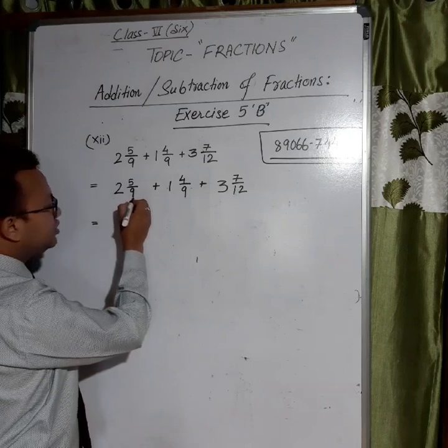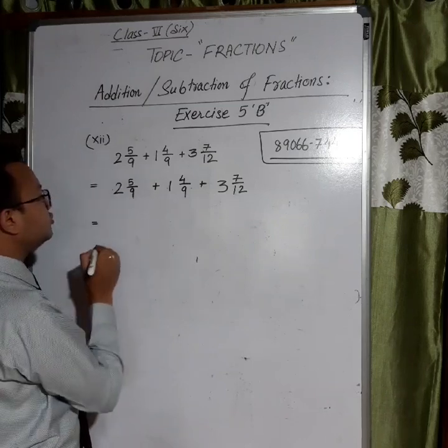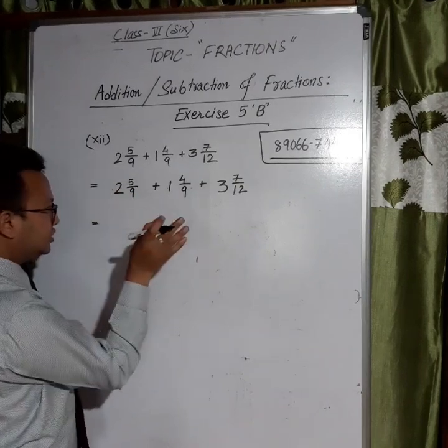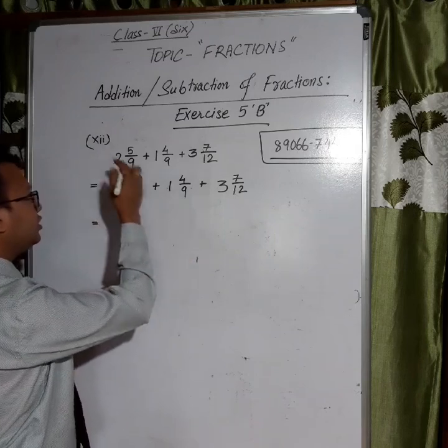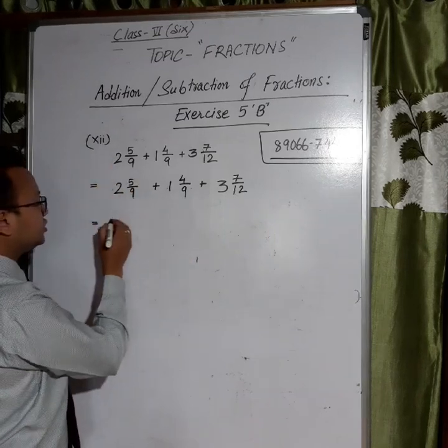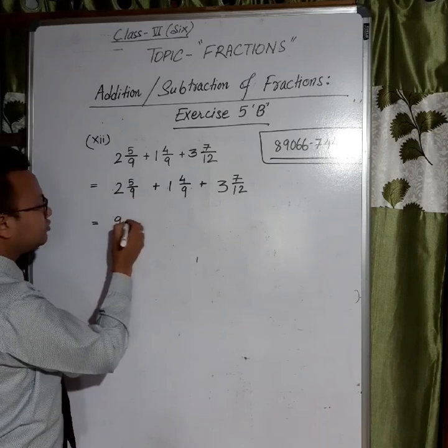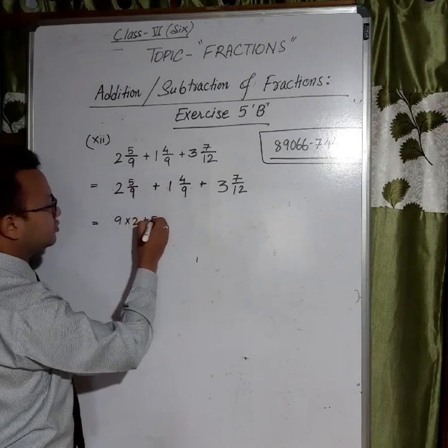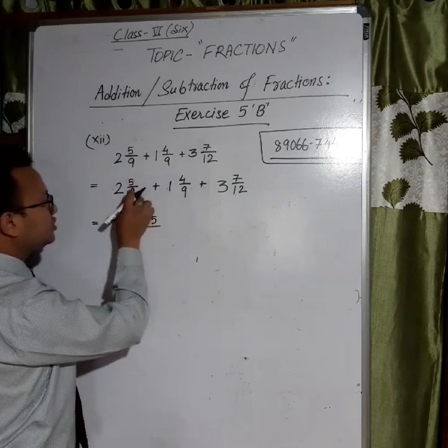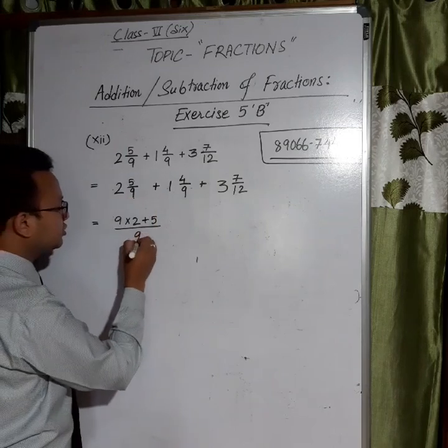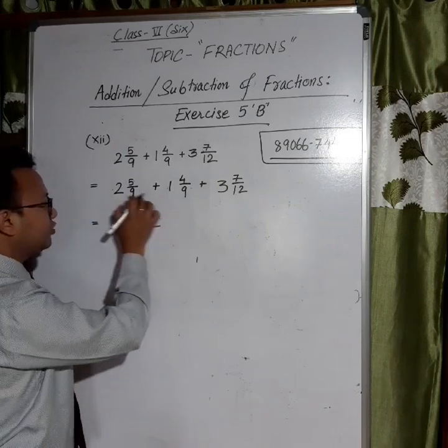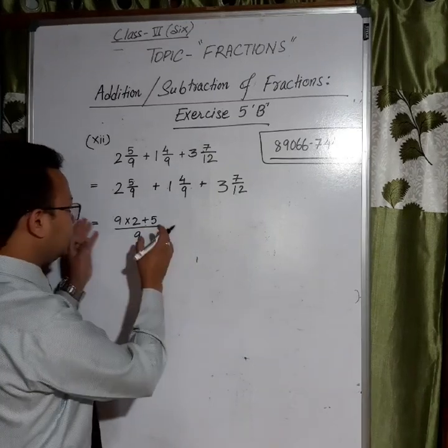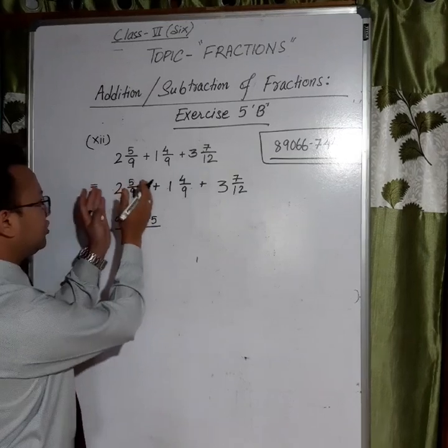So what is the denominator here? 9. What is the whole number here? 2. So 9 2s are 18. So 18 you need to add with this 5. So I will write the process. You need to multiply 9 with 2 and add 5, and divide it by the same denominator. This is for one fraction. Don't get confused because there is a plus sign and again you need to write one plus sign. If you get confused, you can put a bracket around particular fractions.